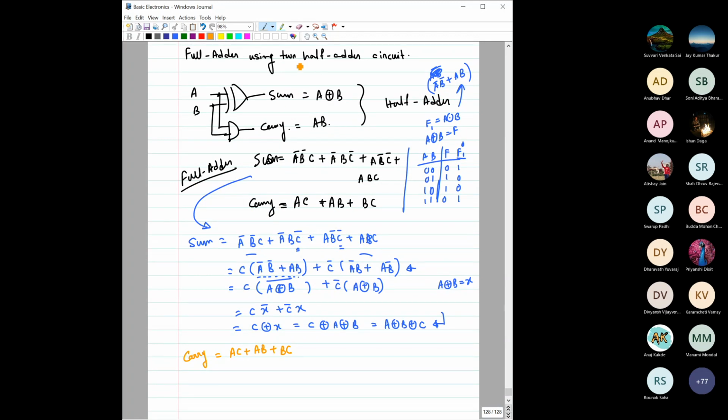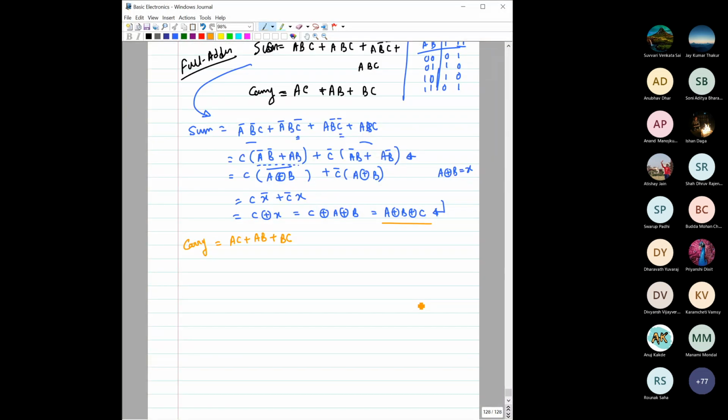That we have to use two half adders to make a full adder, and here we have understood that it is basically A XOR B XOR C. So maybe we can just get the sum right out of this half adder and see after that what else probably we can do.